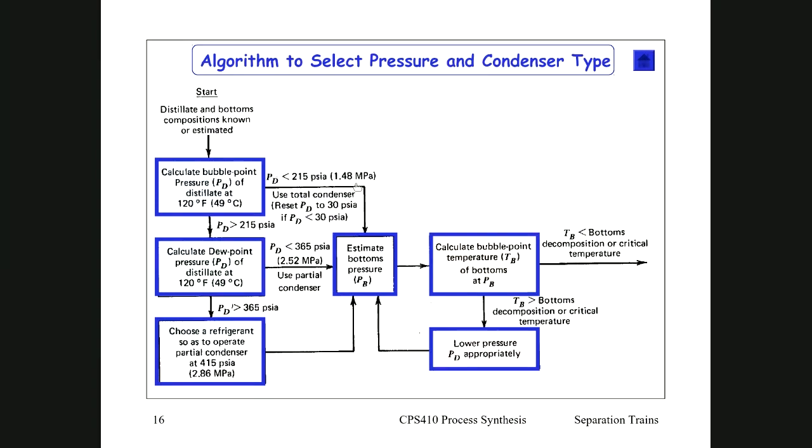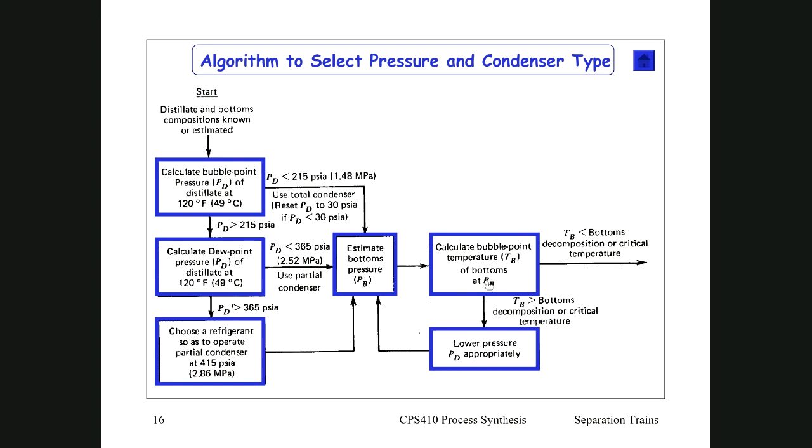Then you would operate your column at that sort of pressure, and now you can estimate the bottom's pressure, which would be very close to the distillate pressure, and you can calculate the bubble point temperature of the bottoms at that pressure.